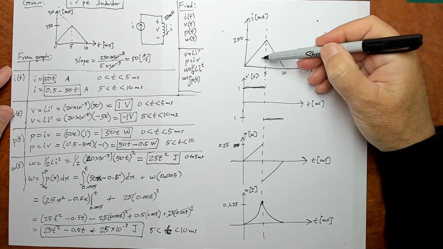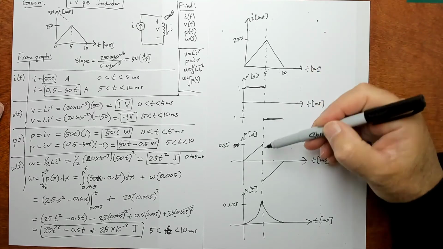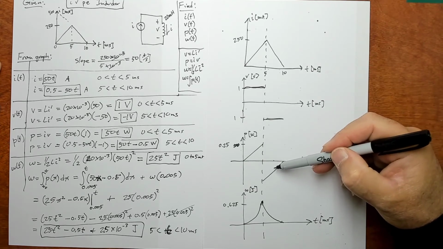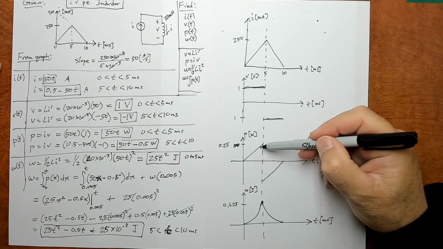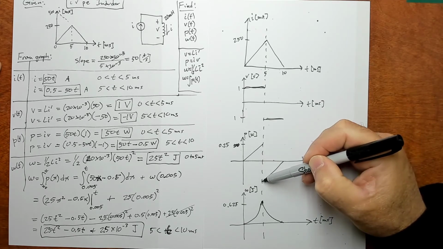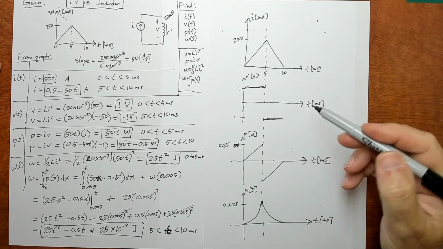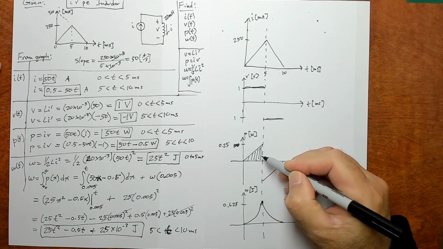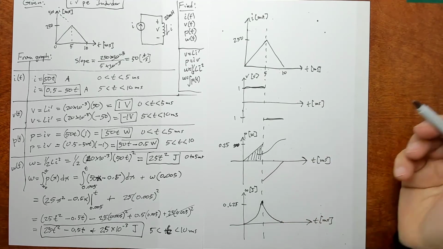And if you multiply a positive times a positive, you get a positive for the power, and a positive times a negative, you get a negative for the power. So power is entering the device at a constant rate and then immediately flips to leaving the device at a constant rate.